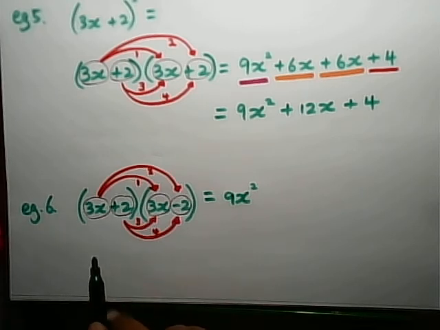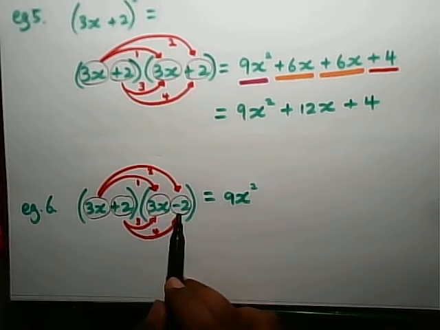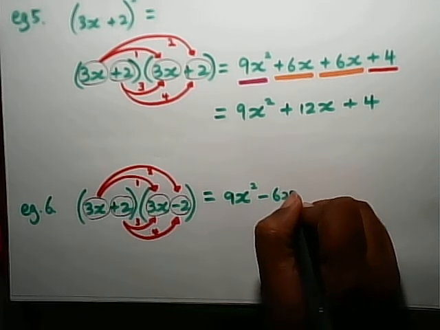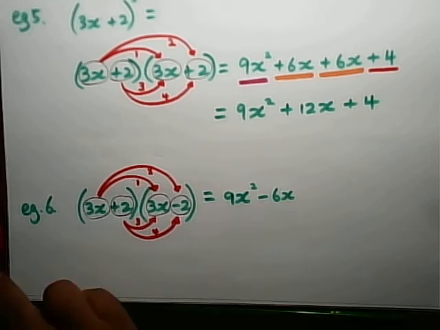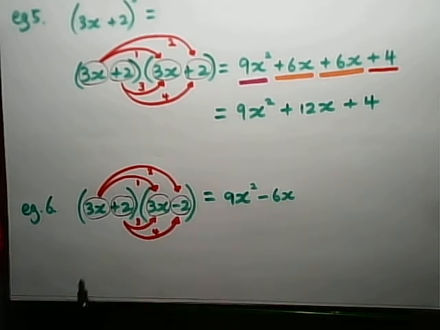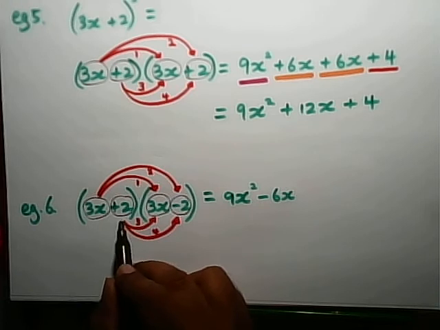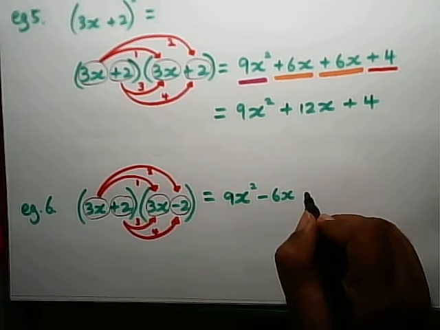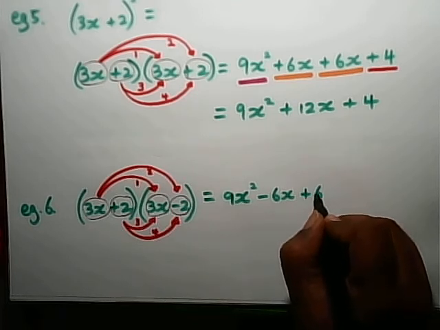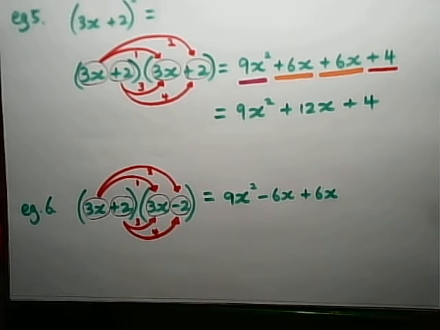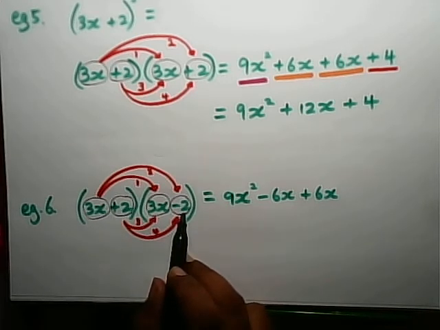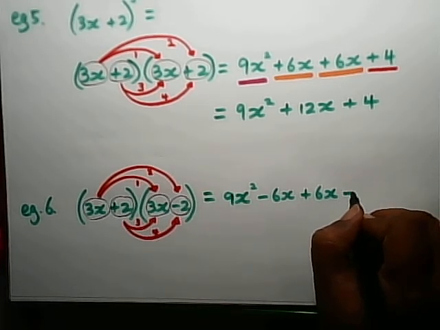Next, step 2, 3x multiplied to the negative 2 gives you a negative 6x. That's step 1 and step 2. Now step 3, a 2 times a 3x gives you a positive 6x. Step 4, a positive 2 times a negative 2 gives you a negative 4.